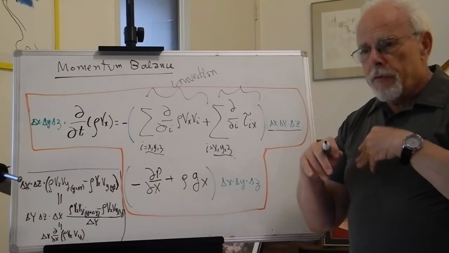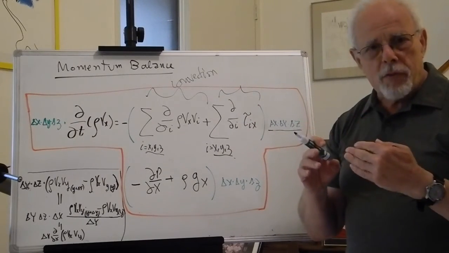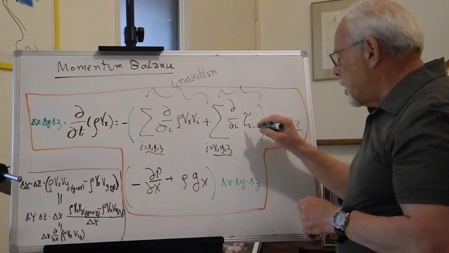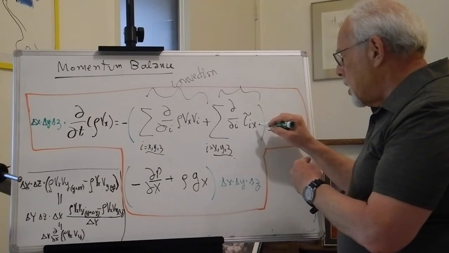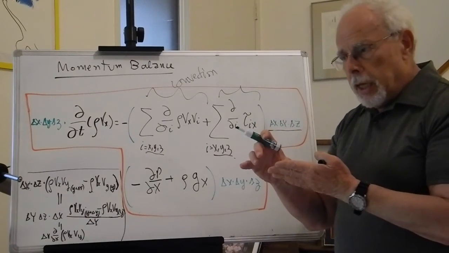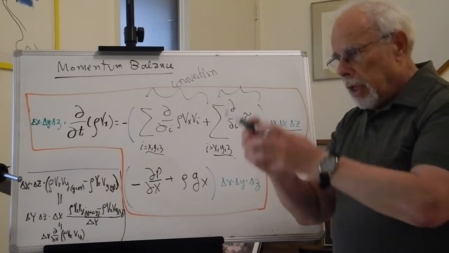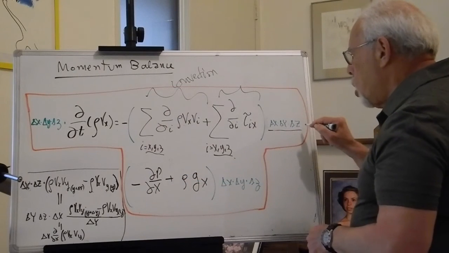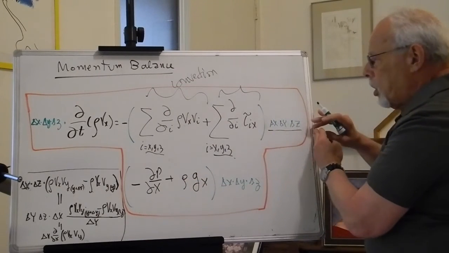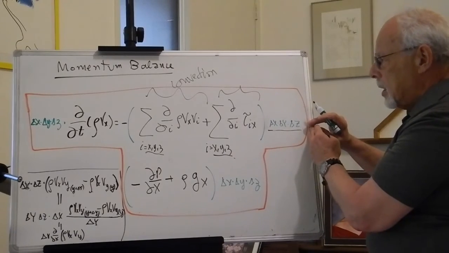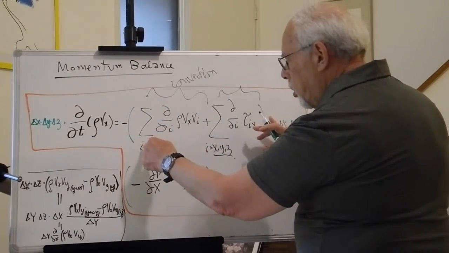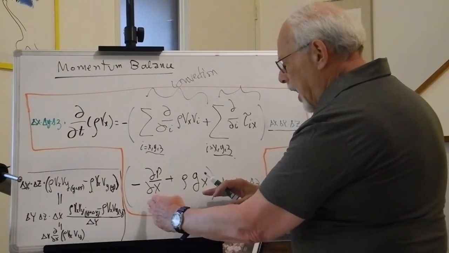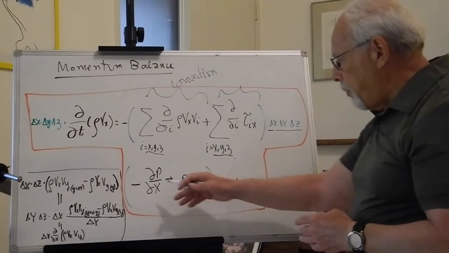Now we have the cross-migration, this viscous, this molecular transfer of momentum, which we have seen is relative to the stress times the total area where it goes through. And when you do the math similar to this, you get the same dx, dy, dz multiplied over this entire expression. Same thing for the last element, which is the forces.